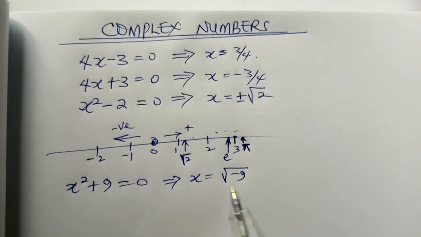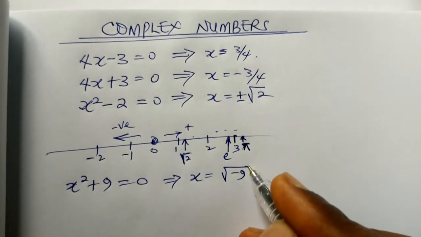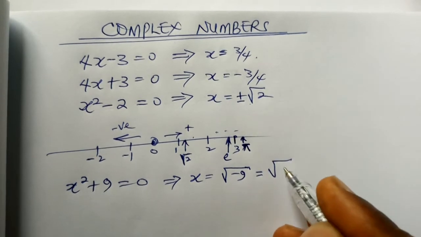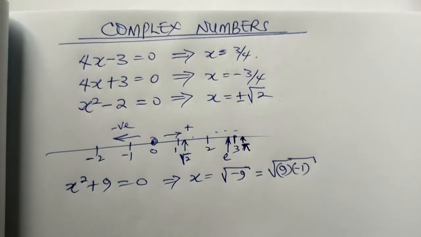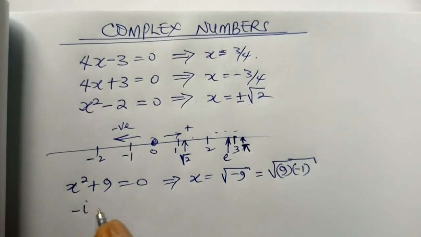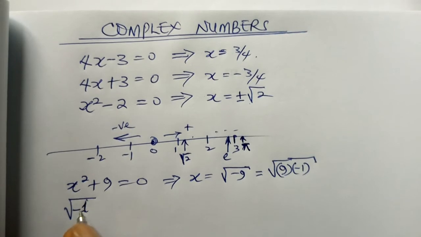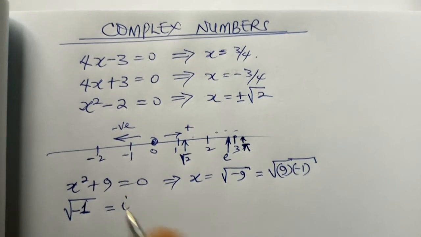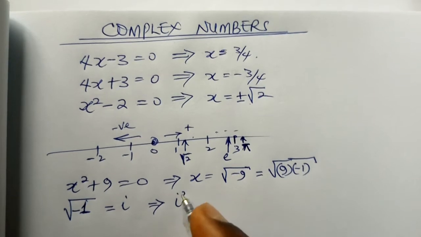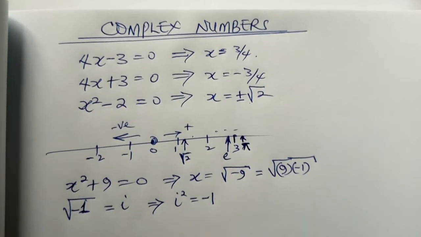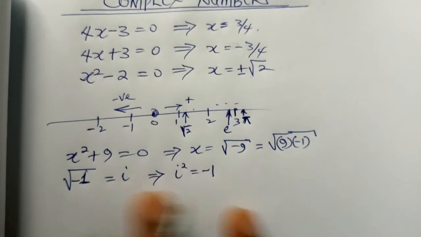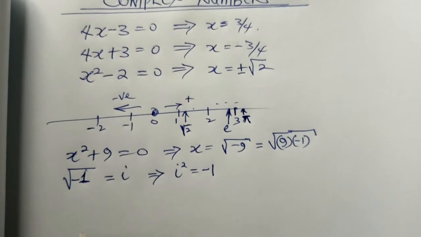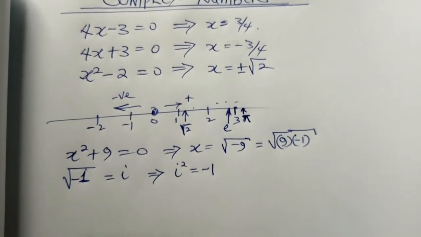It's usually not easy to find the square root of this, but in complex numbers we try to resolve it by saying 9 times minus 1, by calling the square root of minus 1 equal to i, so that i squared is equal to minus 1. If we don't do this, there will be a breakdown of our ways of solving this type of equation.